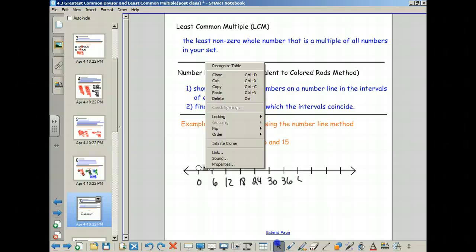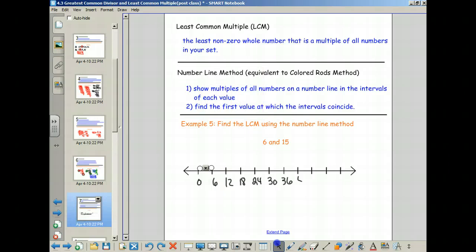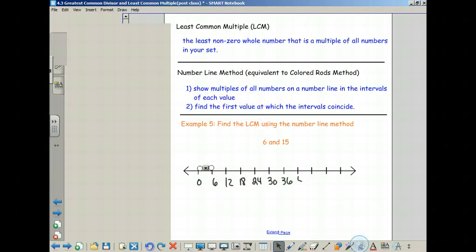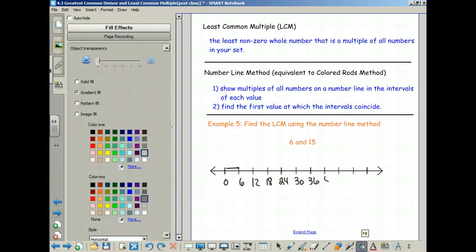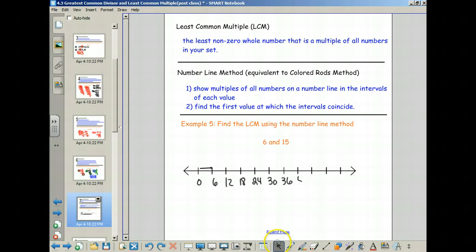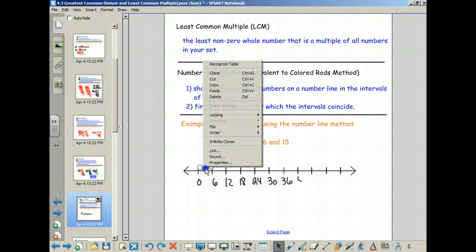I actually wanted to make it a color. Right, I'm just messing around with it now. Okay, forget it. Pretend it's colors.